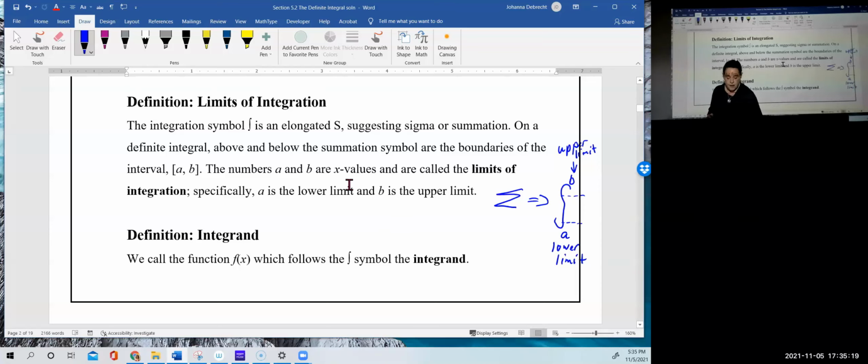The function that follows the integral symbol and is written to the right, as if it were on that line for the notebook paper, is called the integrand. It is the thing that is being evaluated for the area between it and the x-axis. So what follows the integral symbol is called the integrand, the thing that is being integrated, the thing that we're trying to find the area between it and the x-axis.